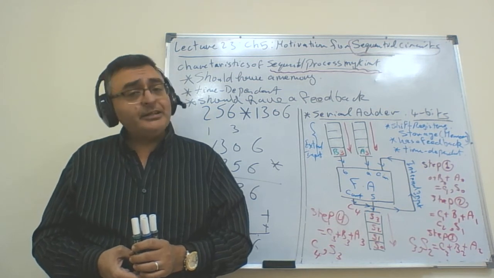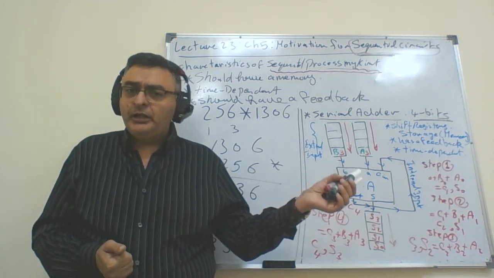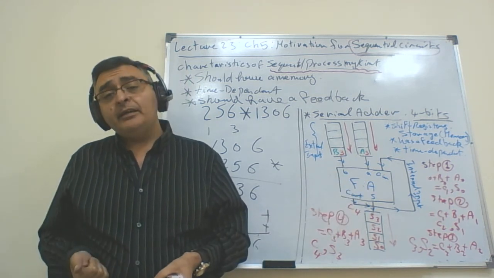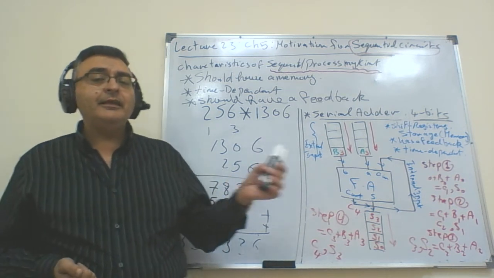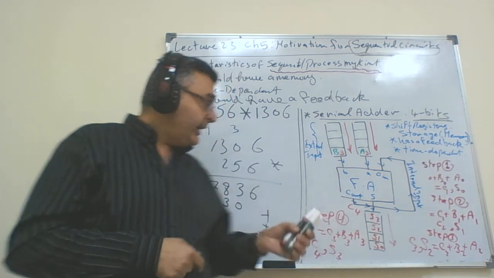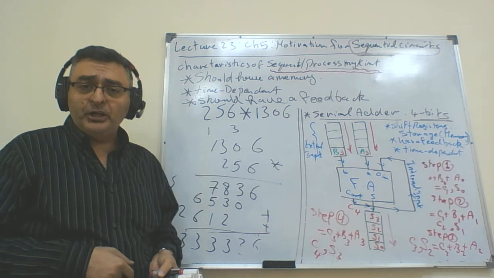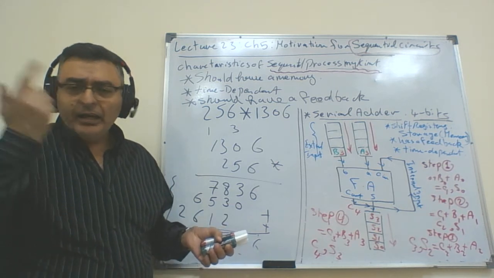Right. Do you pay something? Yes, I am paying. What do I pay? First of all, definitely I am paying the cost of the memory, which is cheap. The second thing is that I am paying in delay. Because right now, as the example that we have shown here, when I give you a very simple operation, 2 multiplied by 3, I just give you the answer as 6 at once.